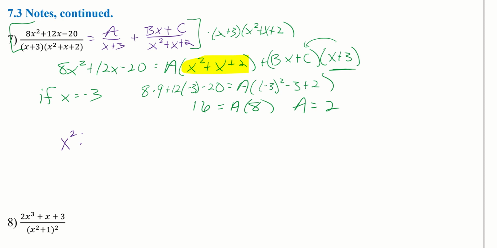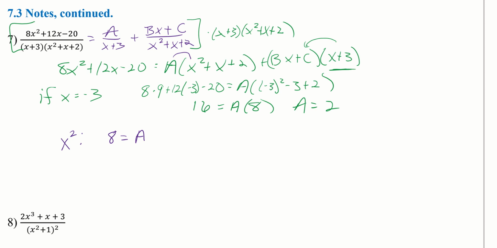So I'm going to go through and look at anything that would be an x squared. So this is kind of a shortcut of what we were just talking about before. I look on the left, the only x squared is the 8. Now here on the right side, I have a times x squared. Yes, I could distribute that a into all the other two, but all I'm looking for are the x squared values. So that'd be a. Okay.